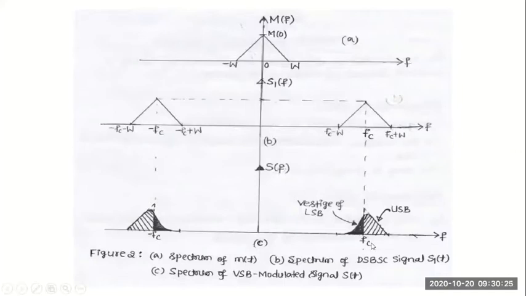One more thing you notice, see the filtered signal looks something like this in the last row of the spectrum. So what else do you notice here? Do I have the complete required sideband? Is this USB there in full? What do you notice here in the last spectrum?